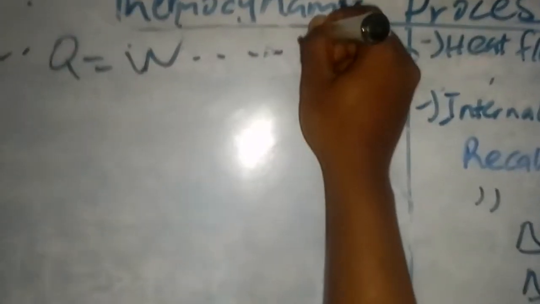So the heat flow of this isothermal process will give us Q equals W, because W is equal to Q. If I call this equation 14, I call this 15, I call this 16, let's call it 17.